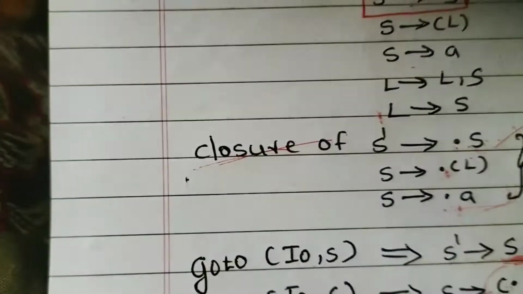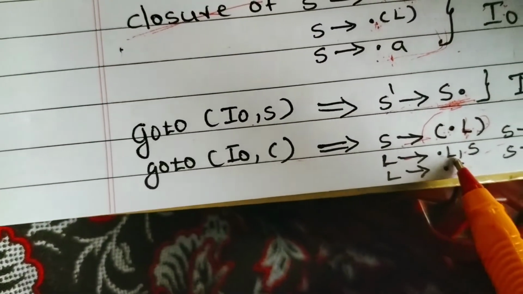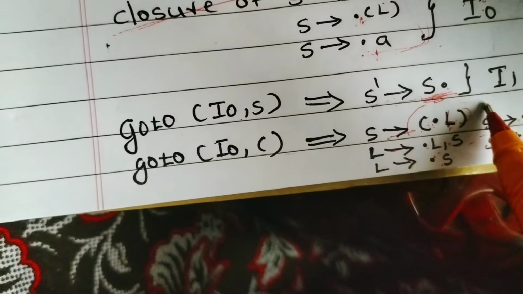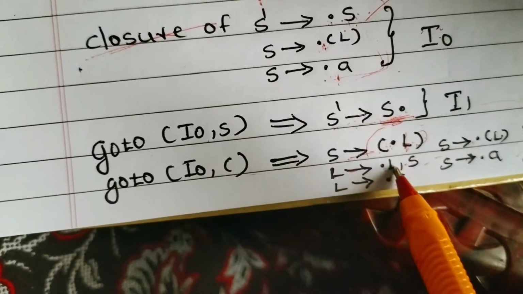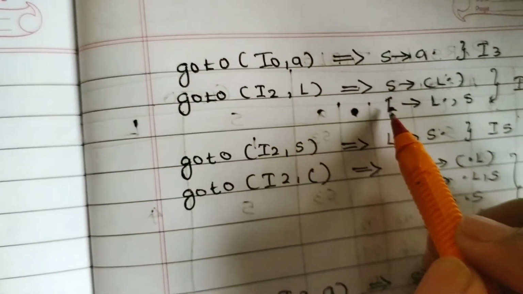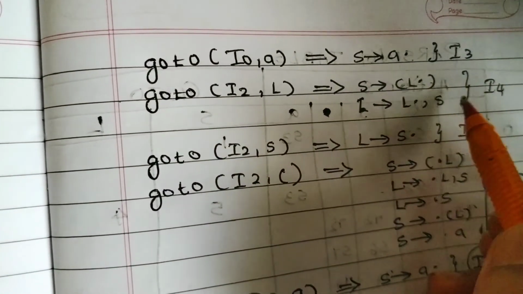In I2 there is also L tends to dot L comma S, so this production also is considered, giving L tends to L dot comma S. Now we name it I4.